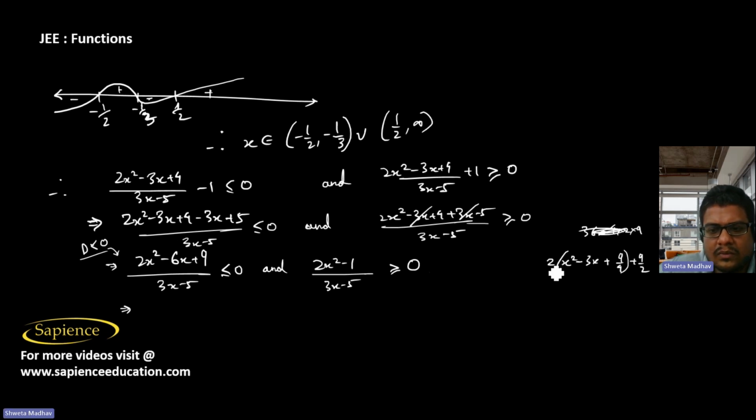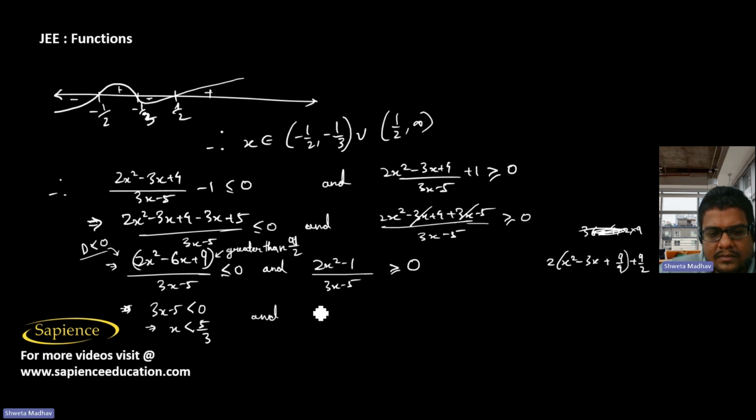So this expression is always greater than 9 by 2, so it can't be negative. So obviously only 3x minus 5 should be negative, and it should not be 0 also. So x should be less than 5 by 3 here.